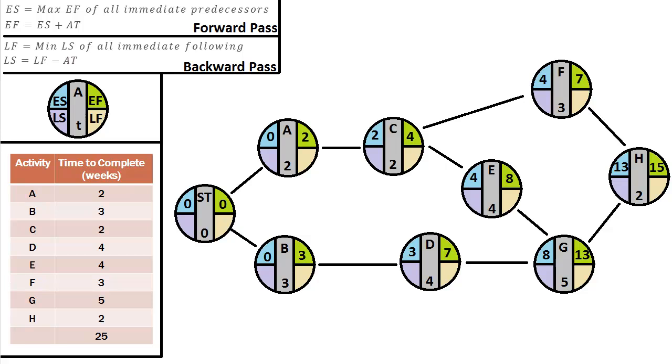Now if we go all the way to the end of our diagram, how long do we expect this project to take if everything goes according to plan? Well, 15 weeks. That is going to be our earliest finish for this project. So instead of 25 weeks down in our chart, this should take 15 weeks because we can do certain activities simultaneously. All right, so I'm going to pause for a second and then we'll go ahead and do our backward pass.